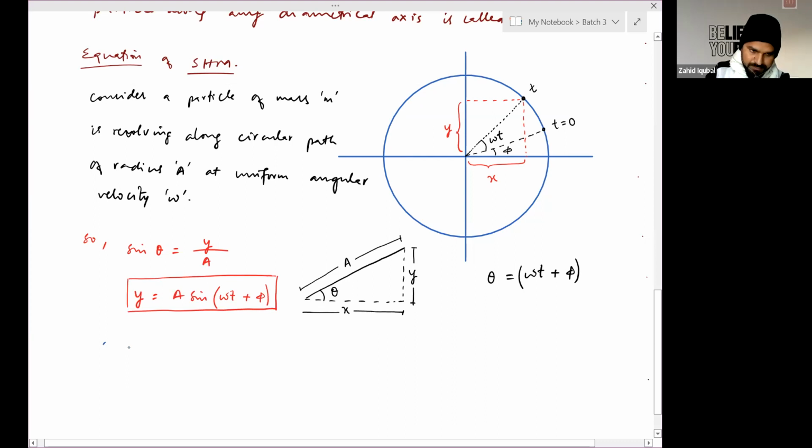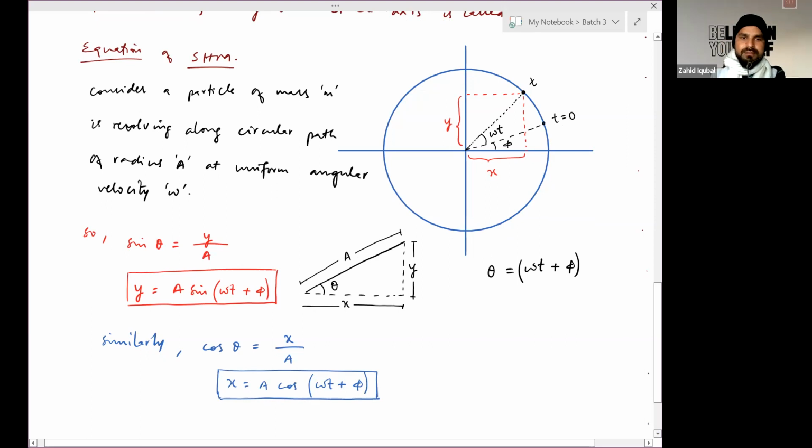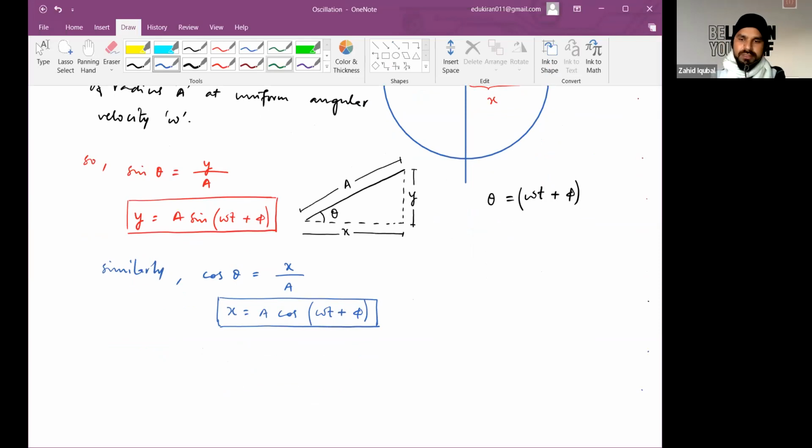Similarly, cos theta equals base over hypotenuse. So x will equal a times cos theta, and theta equals omega t plus phi. So this will be your another equation to define SHM, or simply motion of projection along x-axis. So using these two equations, we may define SHM, and with respect to which we may calculate different terms.